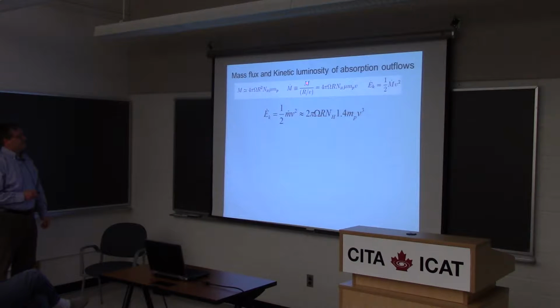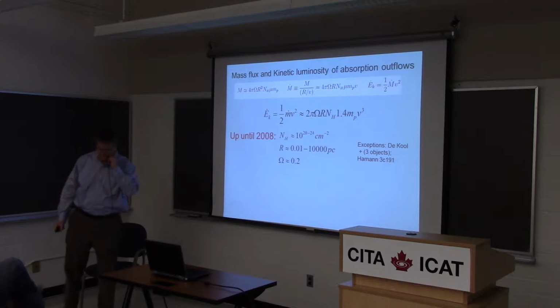We'll simply divide the mass by the dynamical timescale, r over v. So we get this expression, and for the kinetic luminosity, we take half m dot v squared. So the kinetic luminosity at the end of the day will depend on omega, one power of r, and one power of nH. So our task is to get these numbers and to know something about this number, and we are basically done because it's a very simple algebraic equation.